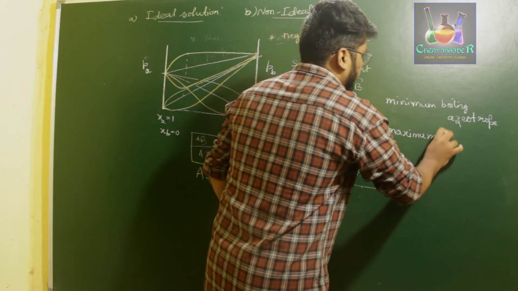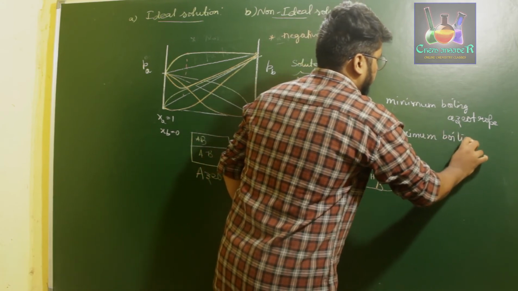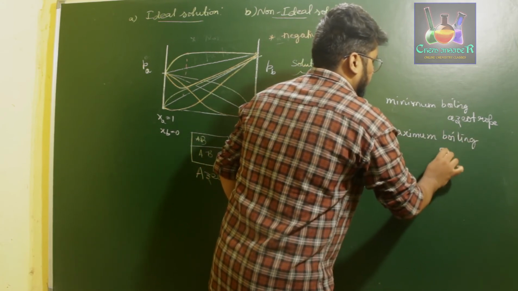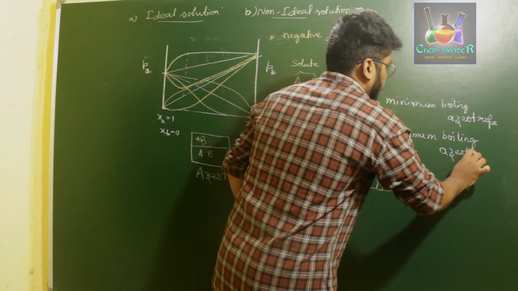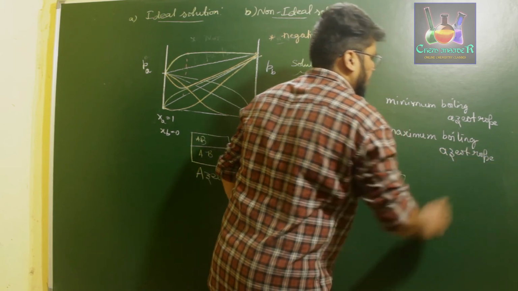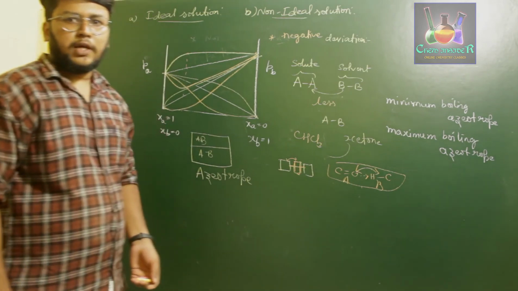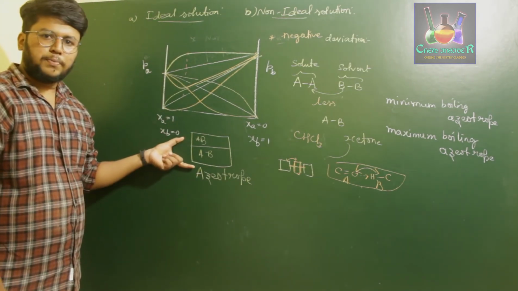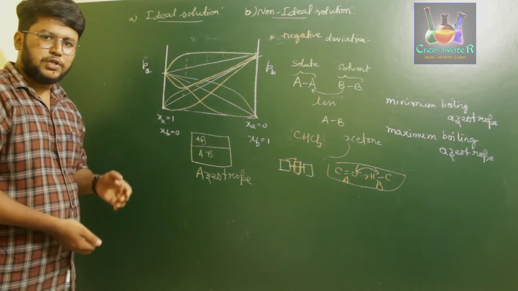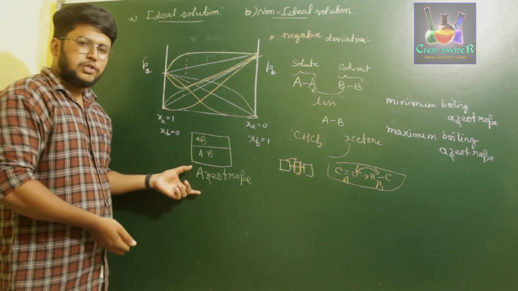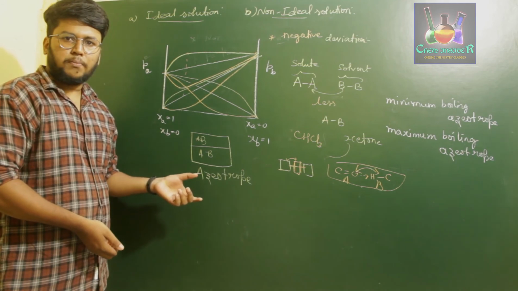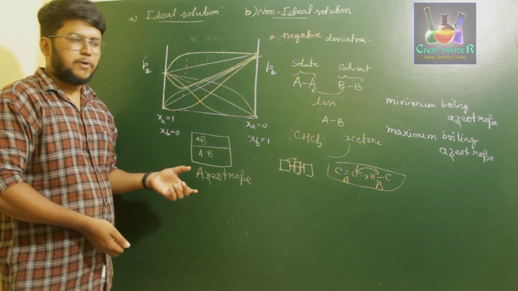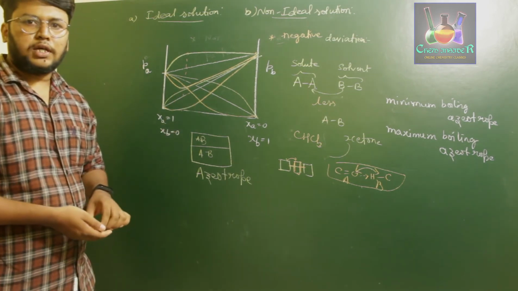A minimum boiling azeotrope has a lower boiling point to form an azeotrope. That means if a liquid solution obtains the azeotropic condition at a low boiling point, then those types are called minimum boiling azeotropes.